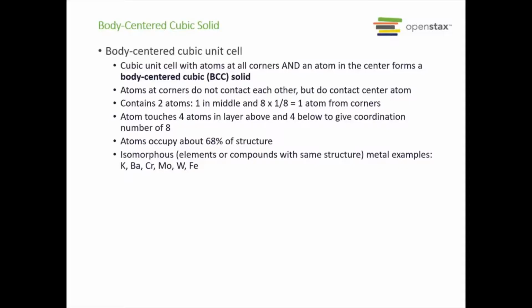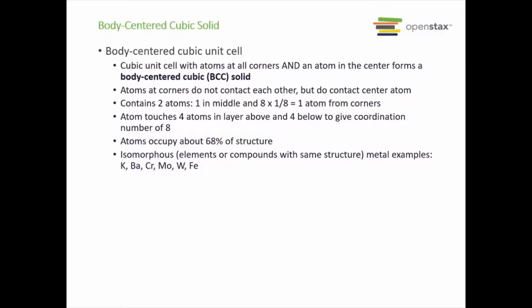Okay, so this has a total of 2 atoms. The one atom that's in the center, the entire thing is in the unit cell. And then you have, just like before with the simple cubic, the 8 times 1/8 of an atom, giving us 1 atom from the corner. So that gives us 1 and 1, gives us a total of 2.